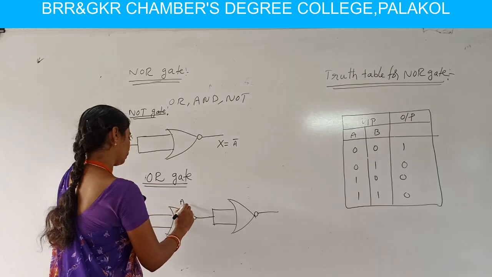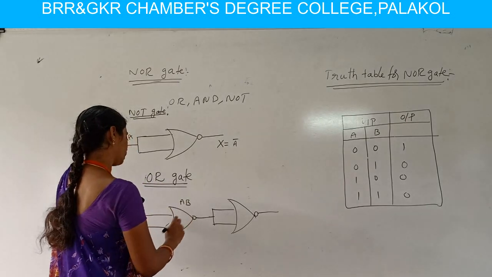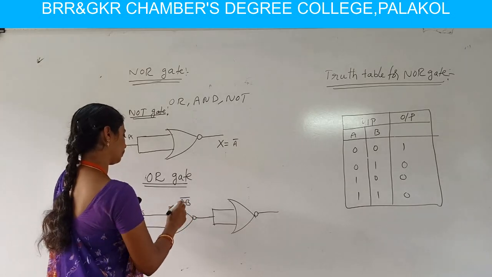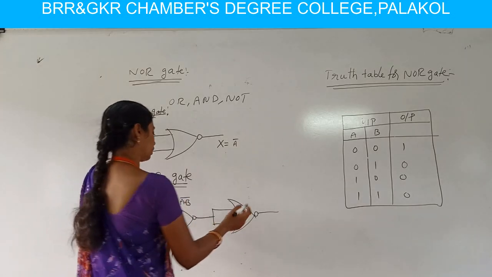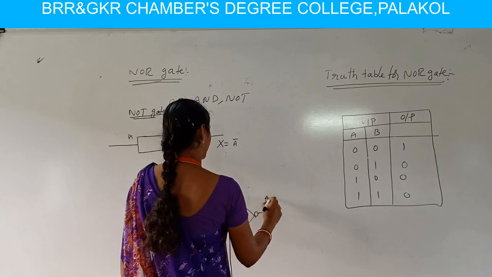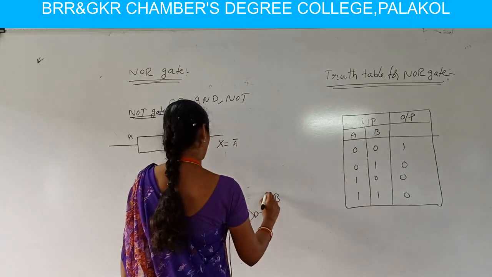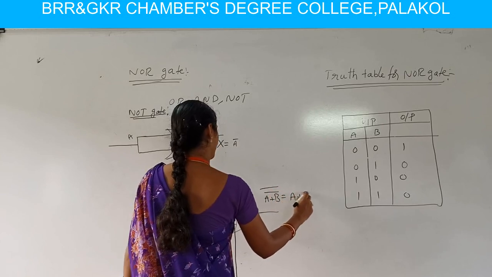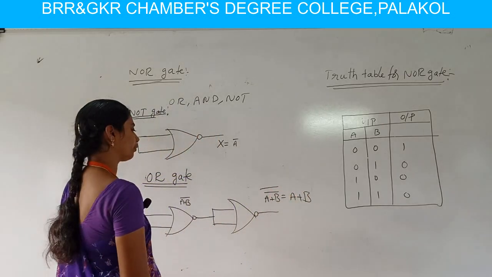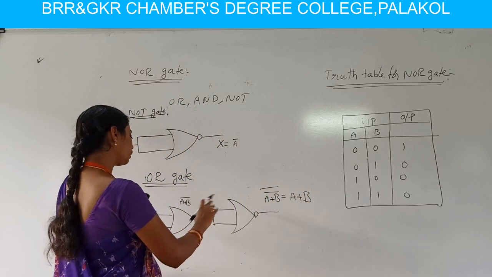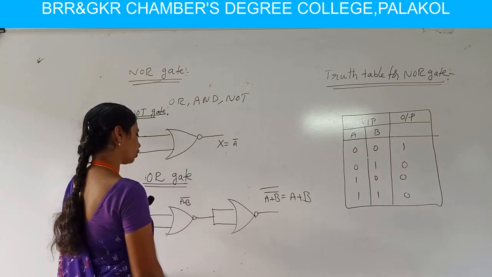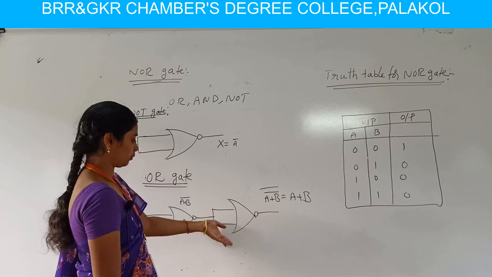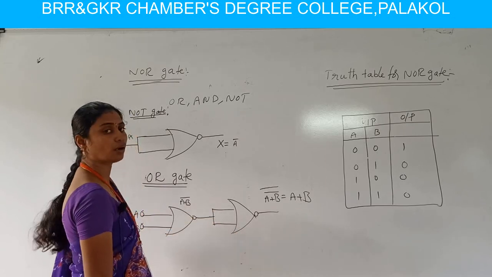Then we have A plus B whole bar, which is given to another NOR gate. Then we have A plus B whole bar, whole bar, which means A plus B. By connecting these two NOR gates in series we have this OR gate.